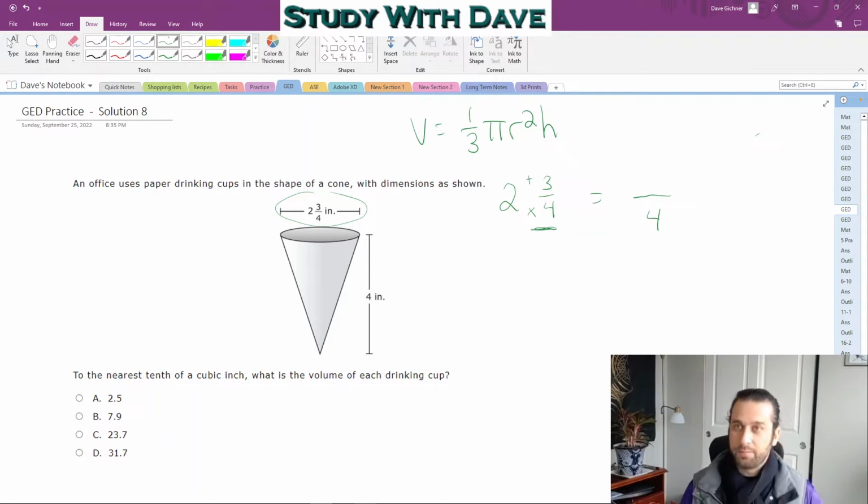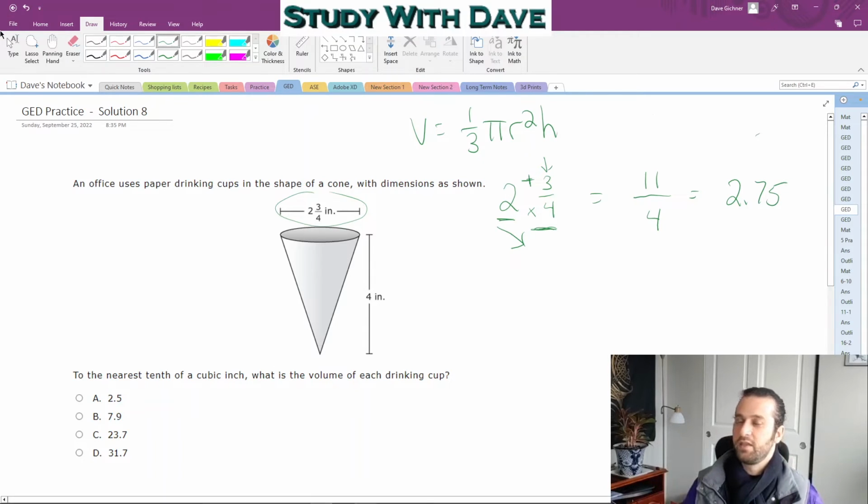And for the numerator, we take the integer here, 2, multiply it by 4, which is 8, and then add 3, which is 11. So we're multiplying down this way, taking that number, and then just adding it to 3. So just understand that you might have to do that in the future for questions that don't let you use a calculator. Or you could just say that, if you know that 3/4 is 0.75, this is 2.75.